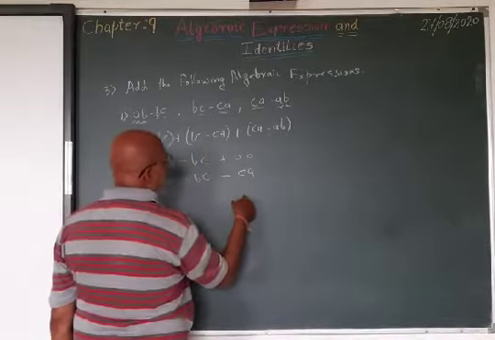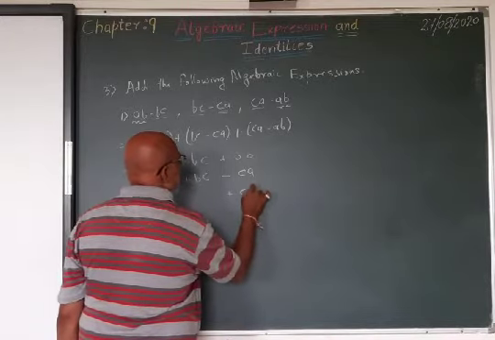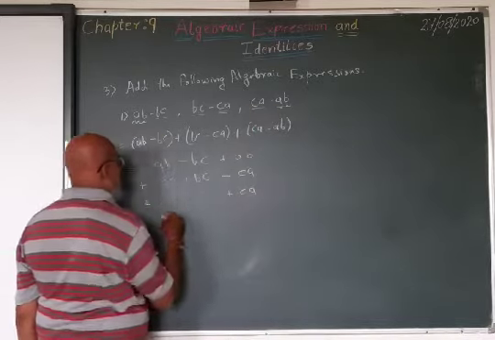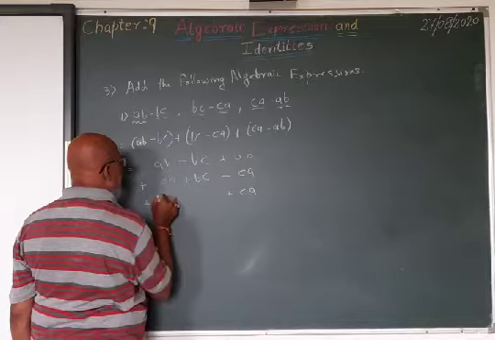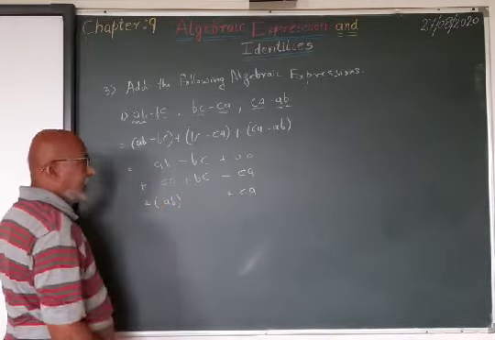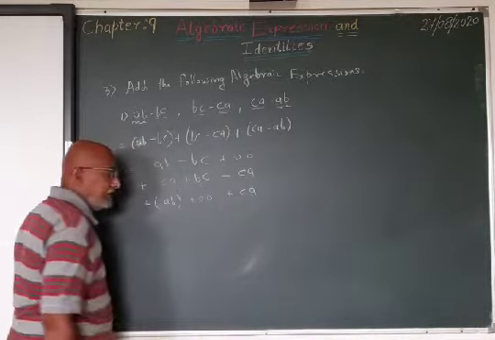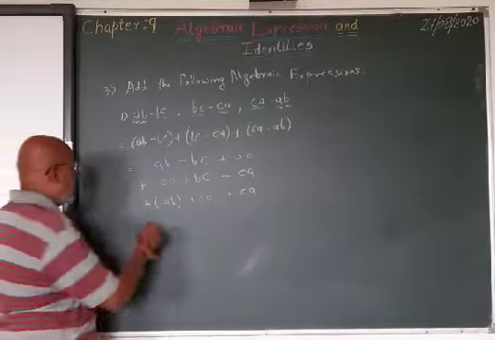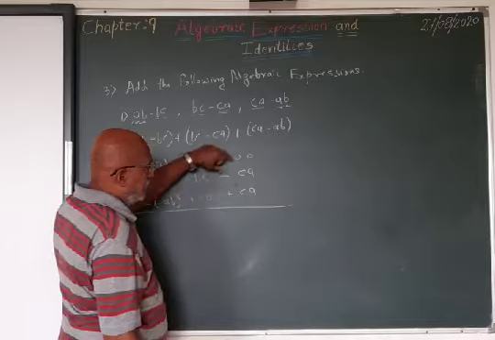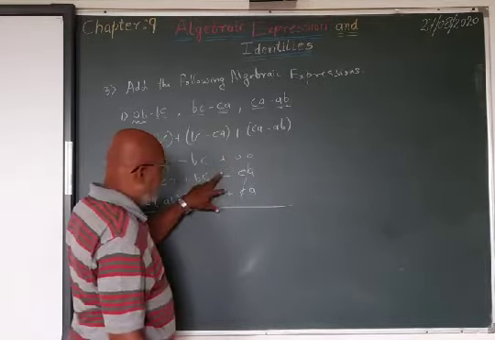Now CA is here, so I will write plus CA because the plus sign is there, and minus AB. Under AB I write minus AB. Now BC is not there, so I can write 0. Now adding these three, what do we get? Minus CA plus CA gets cancelled, opposite signs.